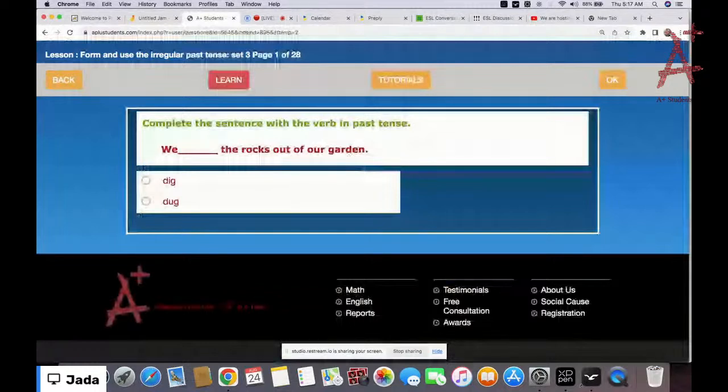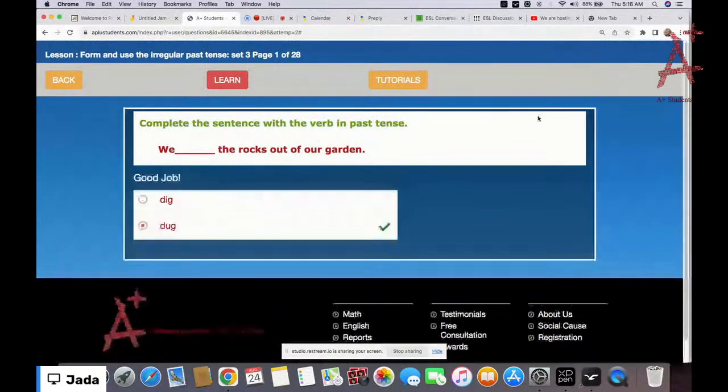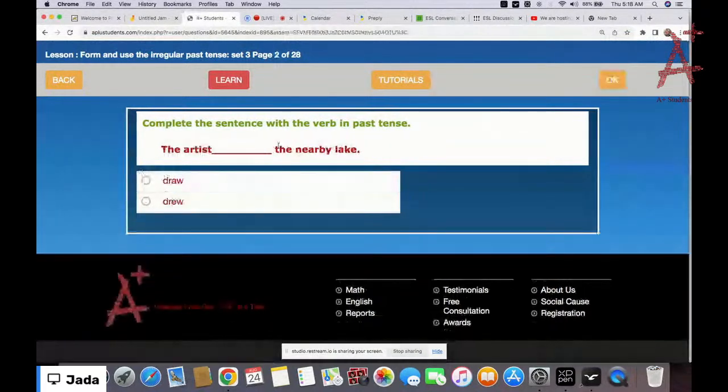So we dashed the rock out of our garden. So we dig or we dug? Is it going to be we dug or we dig? Okay. So we dug. Then the artist dashed the nearby lake. Drew or draw?